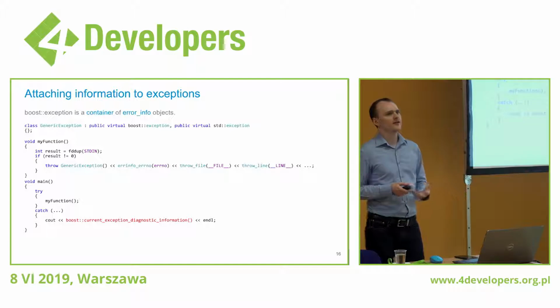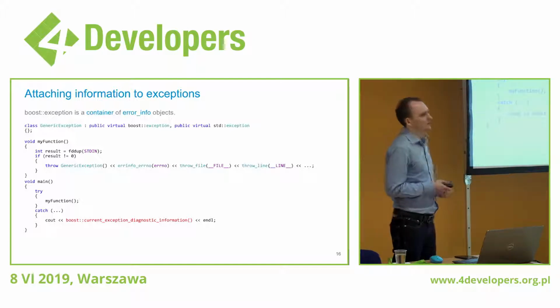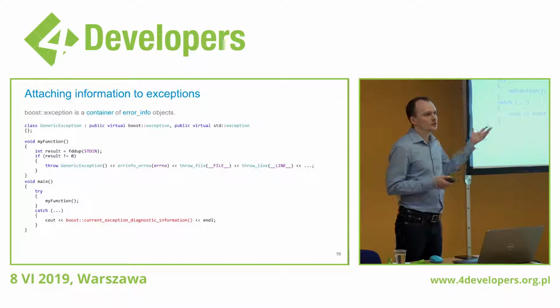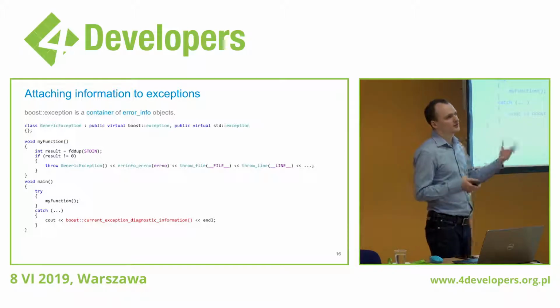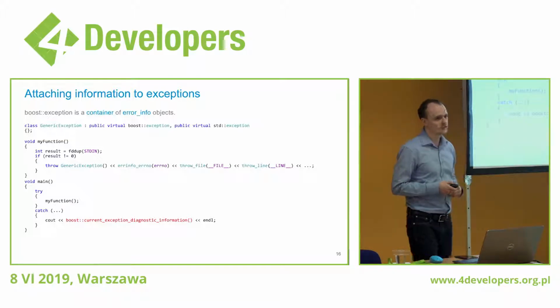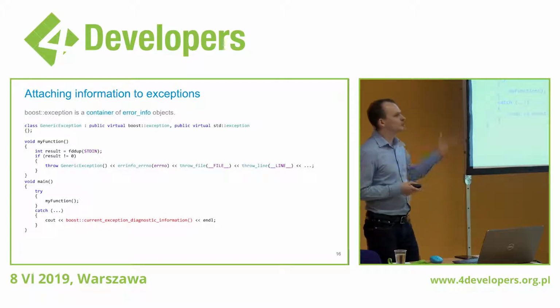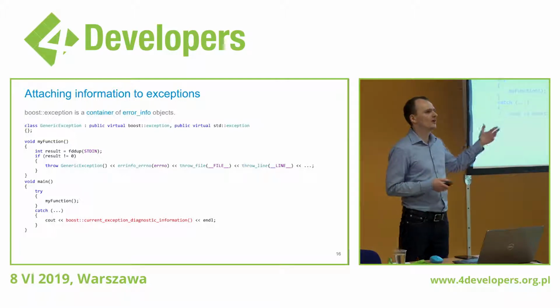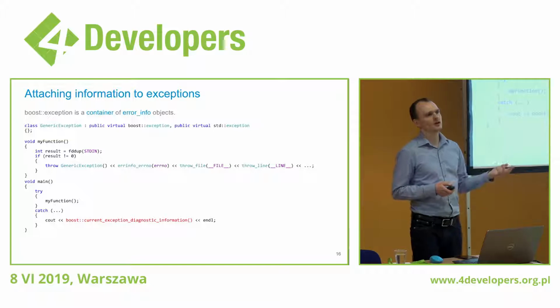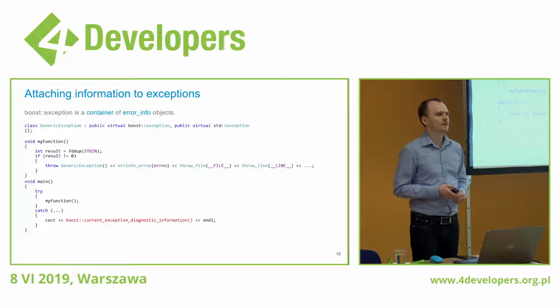Whenever you have an error to report, you create, preferably, your own exception type deriving from boost exception, and you put into this exception all the information about the error you can get.